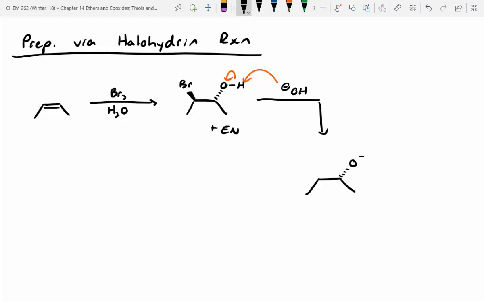Now this oxygen has a negative charge. It's an alkoxide. You've got this bromine over here, and just like before, this would be a mixture of enantiomers. And it's weird to think about, but this oxygen right here is a good nucleophile. And over here, we've got a good leaving group.